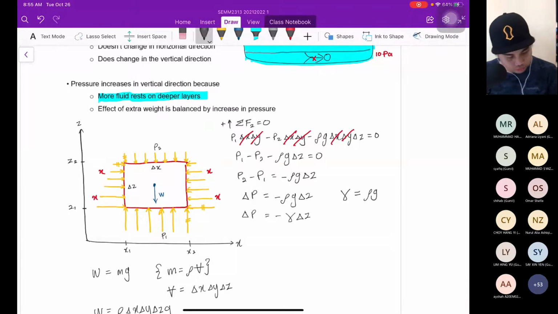Okay, so from here, you can see that the change in pressure toward the vertical direction, from the top to the bottom, is a negative value.